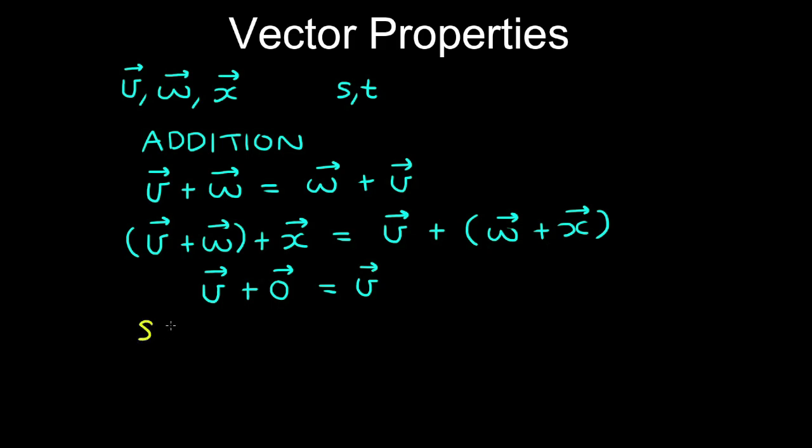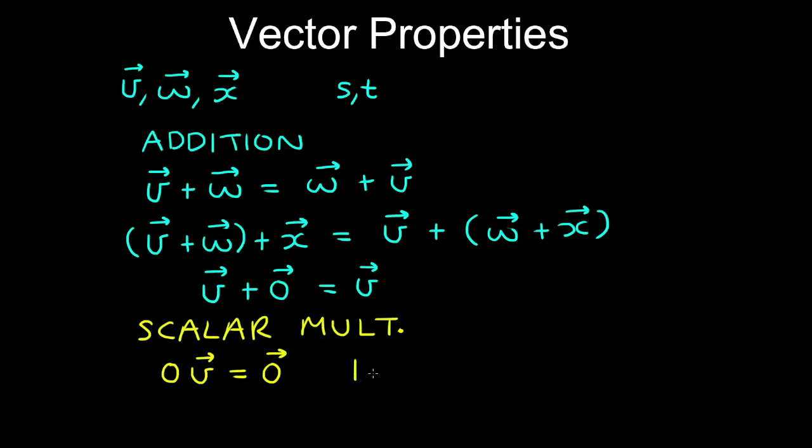And now we'll look at some properties of scalar multiplication. So if we multiply a number 0 by a vector, then that gives the 0 vector. And if we multiply the scalar 1 by a vector, then that gives back the vector.